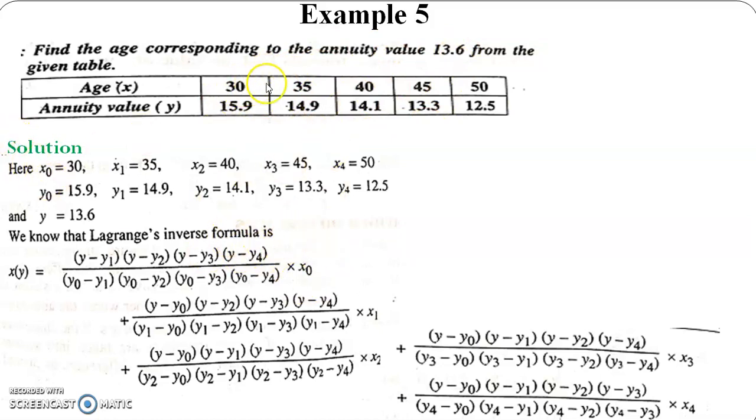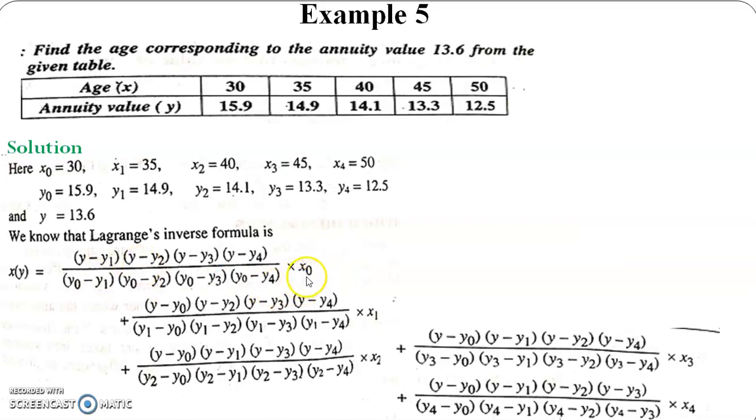That means we are going to use the inverse formula. First assume these are x0, x1, x2, x3, x4, and these are y0, y1, y2, y3, y4. We have 5 values here. First write like this. The value 13.6 is y here. So y equal to 13.6. So first write the inverse Lagrange interpolation formula for 5 data.